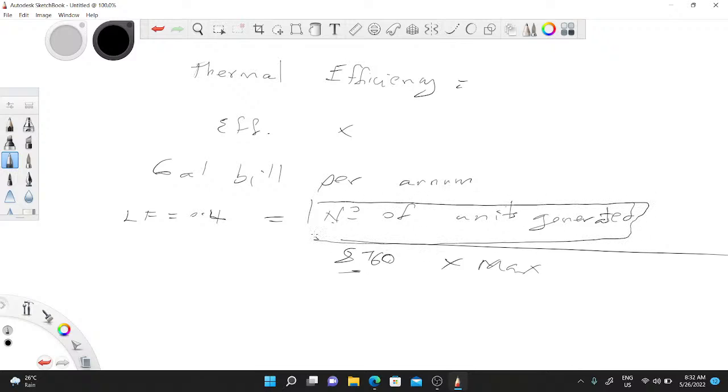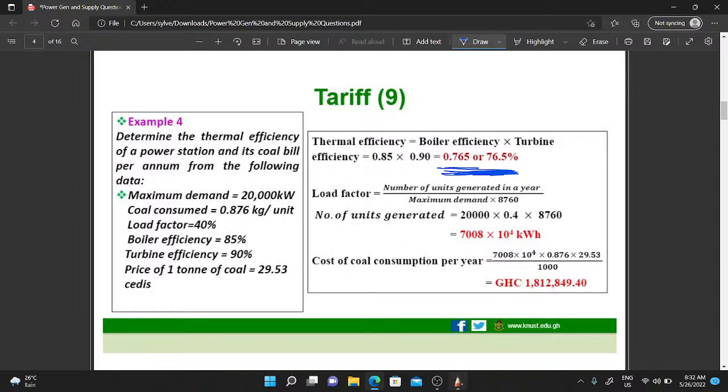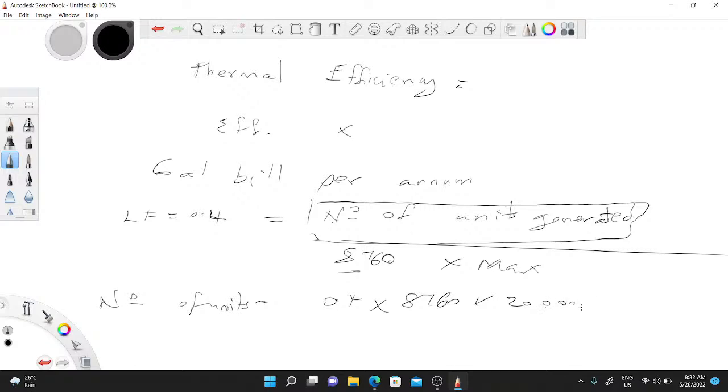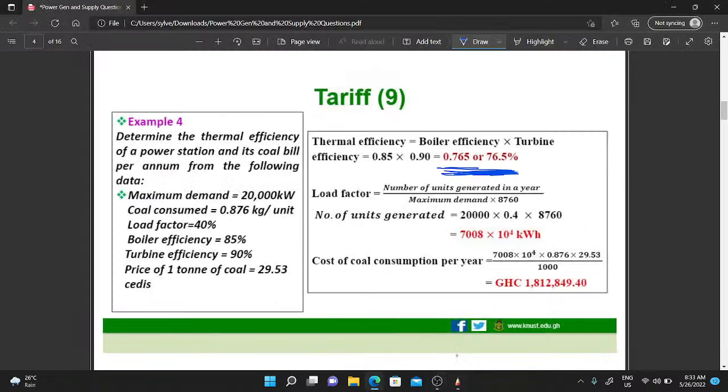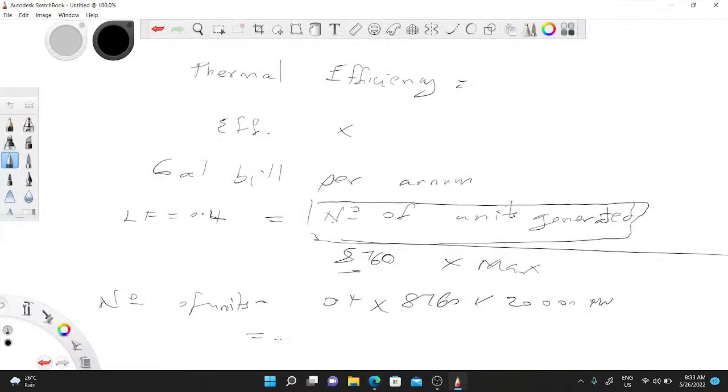My number of units is given by load factor times 8760 times the maximum demand, 20,000 kilowatts. So that will give us the number of units generated to be 7008 times 10 to the 4 kilowatt hour. So this is the number of units generated.